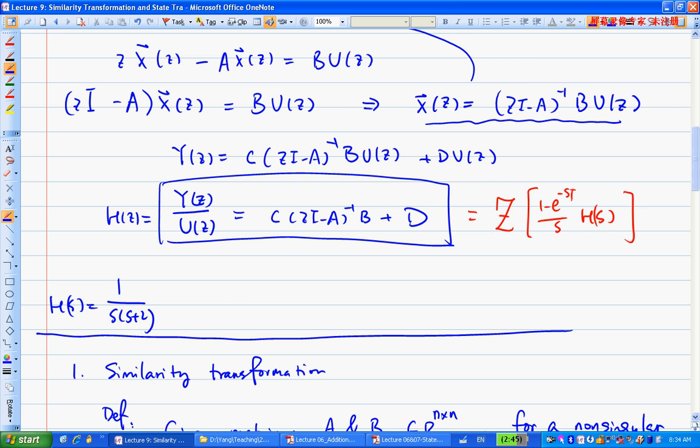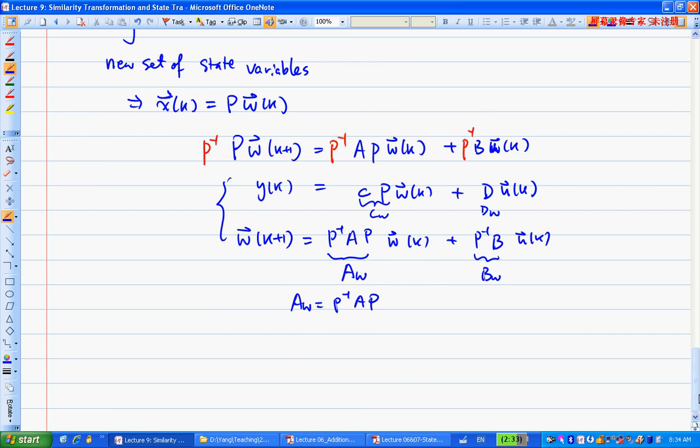So the poles of this will be the eigenvalues of A. What's an eigenvalue? Given a matrix A, how do you get the eigenvalue? Lambda I minus A, and then you set the determinant equal to 0. The solution for lambda is the eigenvalue, right? So the eigenvalues here are basically the poles of your original system.